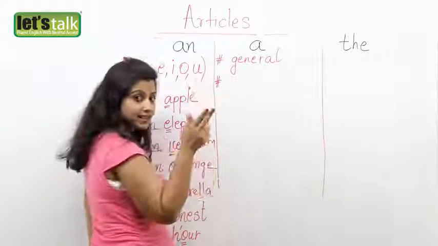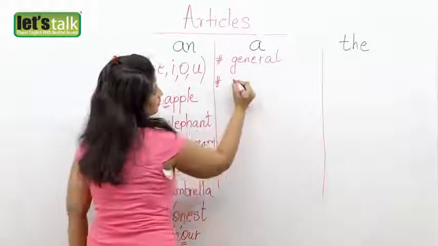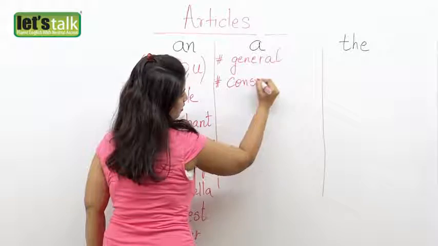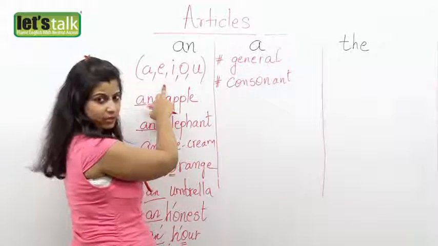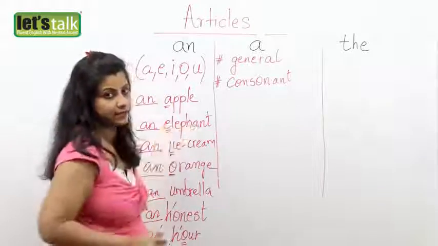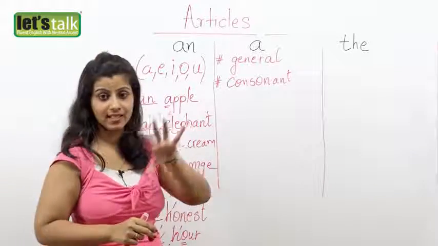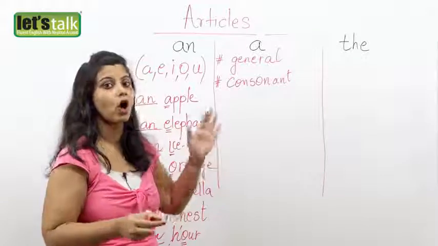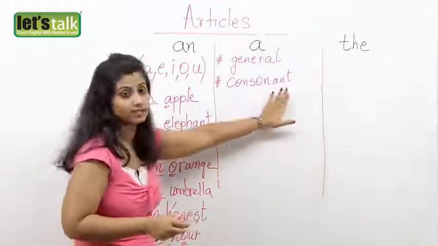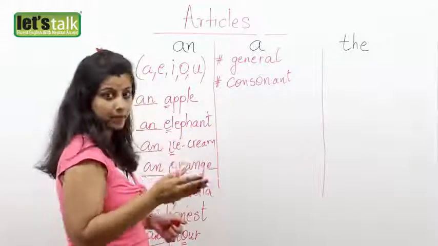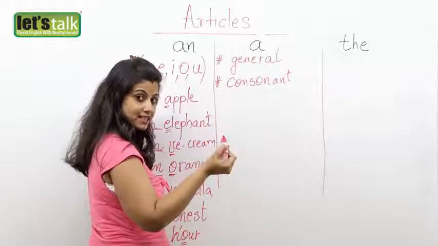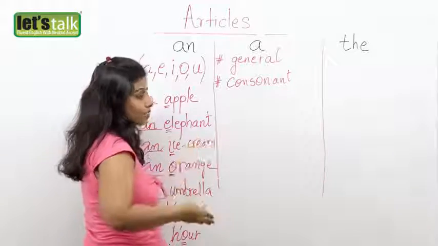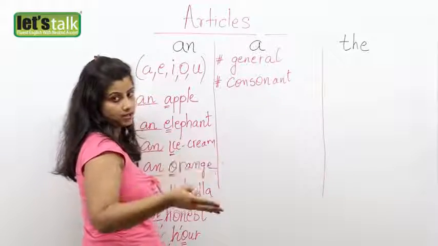Then, another easy tip to remember: consonant. Here we studied about vowels, right? So obviously, if we have five vowels from A to Z, the other alphabets automatically become consonants. So what we have to remember is that when I have to place my article A in a sentence, it necessarily has to be before a consonant.